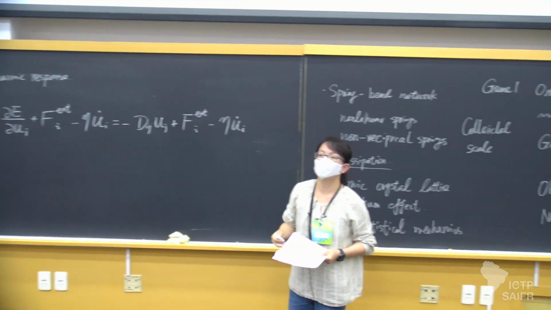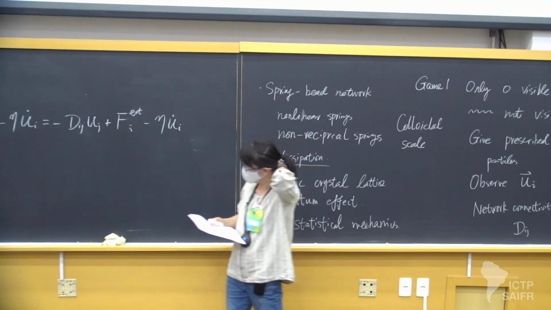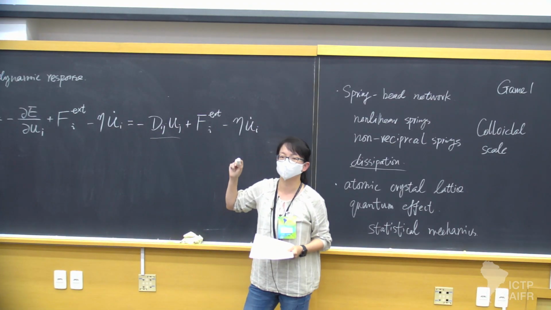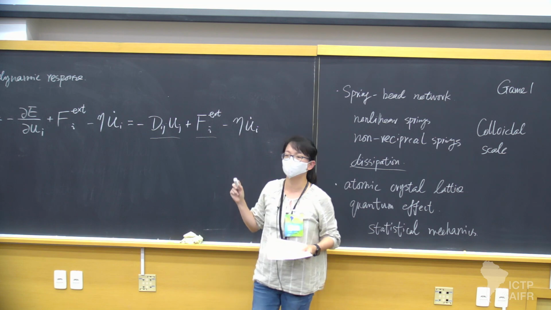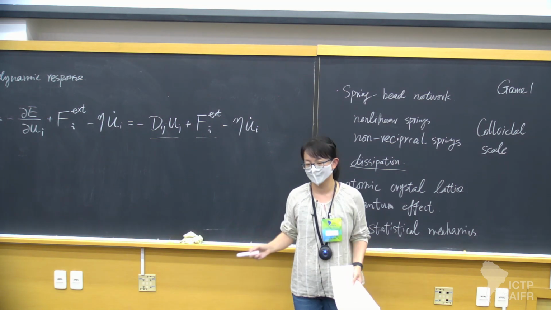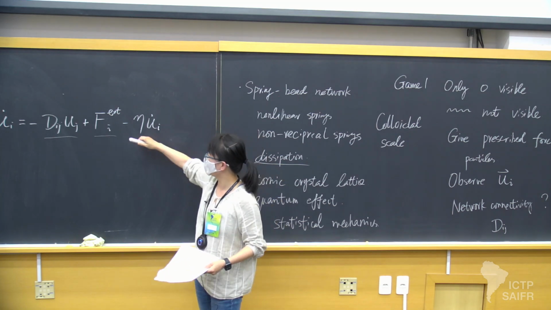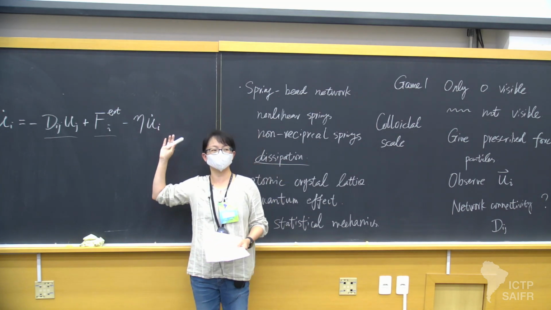I just write an equation of motion where I have the elastic response of the network, and this is some external force, which can be applied on an arbitrary number of the particles in the network. And this is some dissipation term.